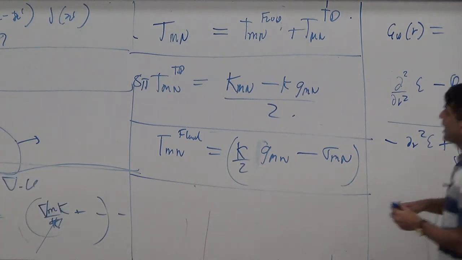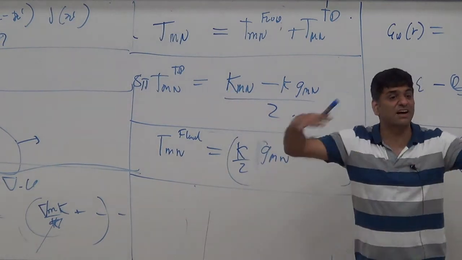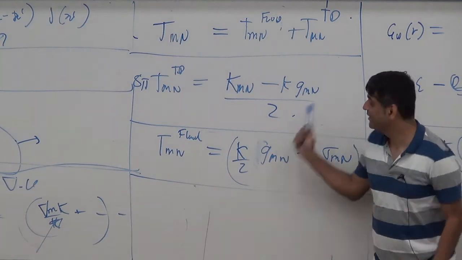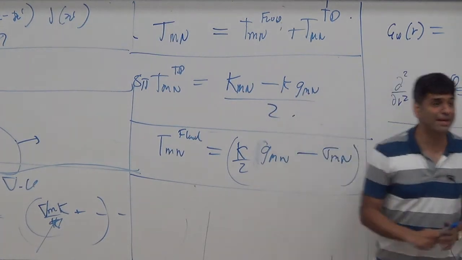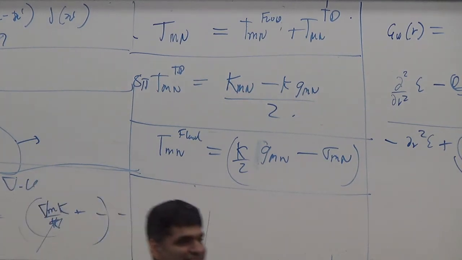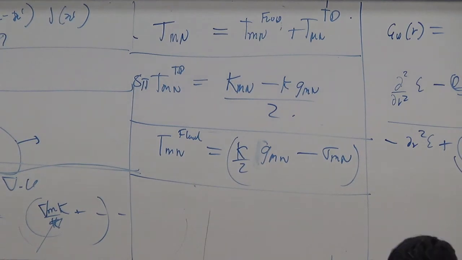You see, K_mn is the extrinsic curvature of the membrane. Kappa is the trace of the extrinsic curvature. Now, K_mn minus K g_mn is a very particular combination of extrinsic curvatures. It's the combination that appears in the Brown-York stress tensor. The great thing about the Brown-York stress tensor is that its conservation is a statement of Einstein's constraint equations on slices.